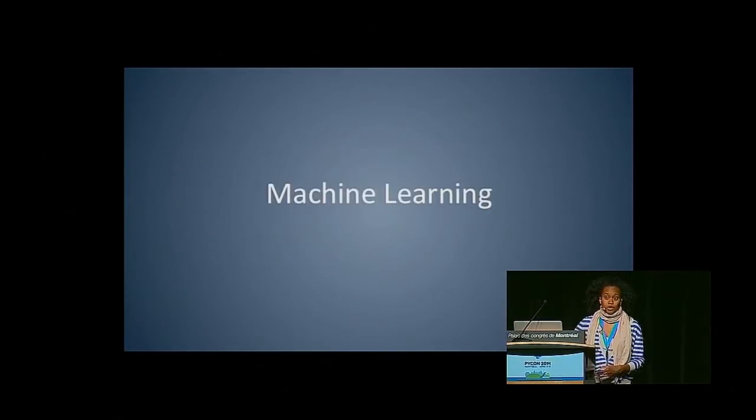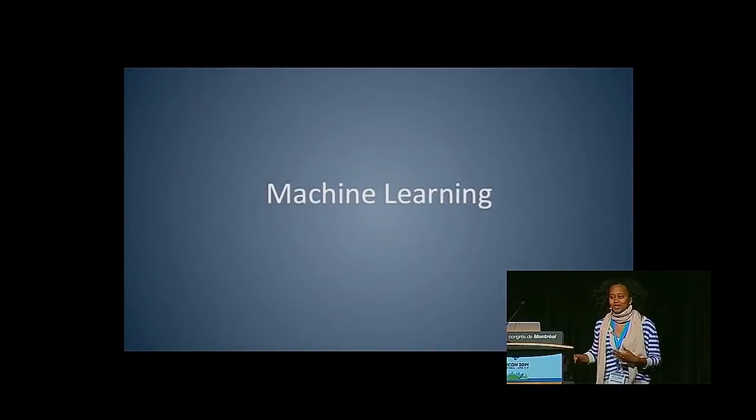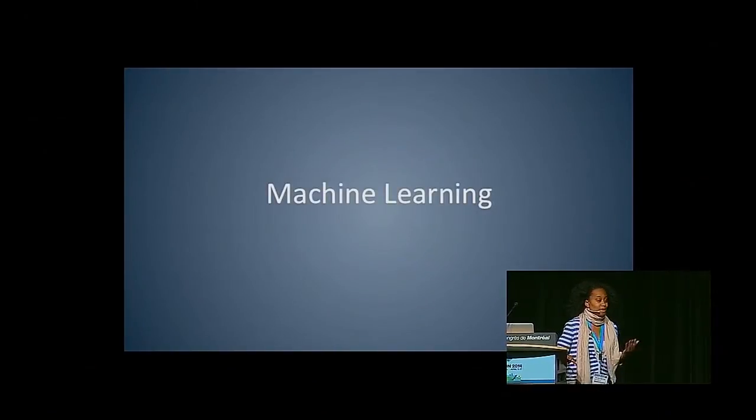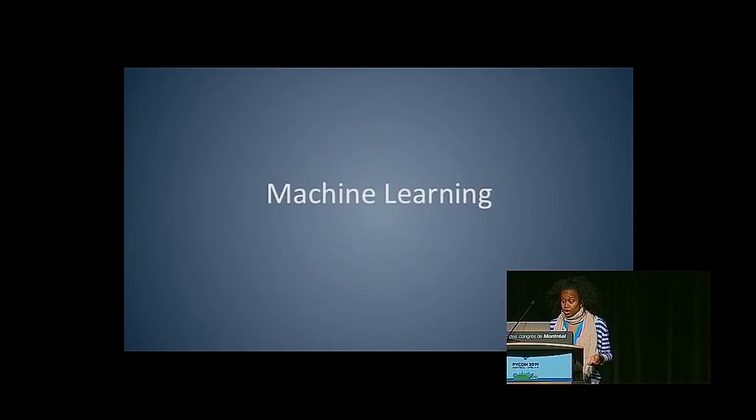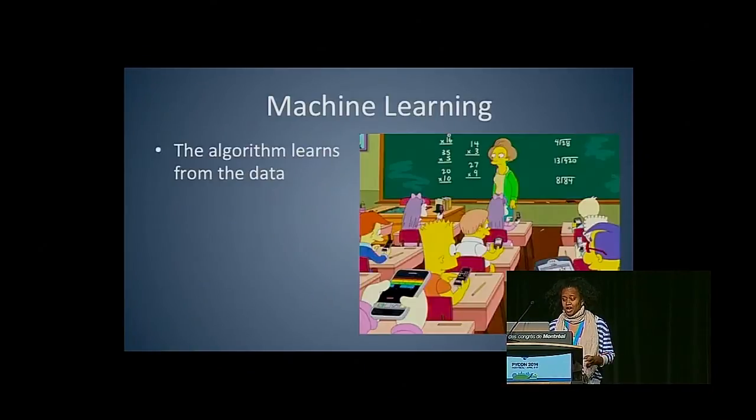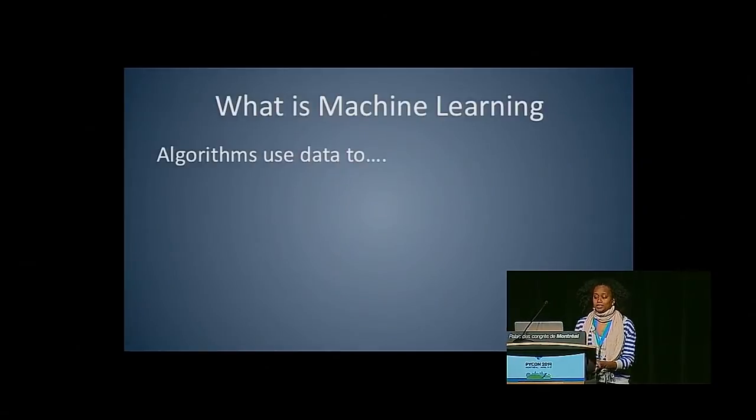Machine learning. What is machine learning? We've had many presentations during this PyCon that explain machine learning, but I'm just going to get to the core of it. Machine learning is basically when an algorithm learns from the data. It takes the data and it makes its assumptions. What do machine learning algorithms use this data for?